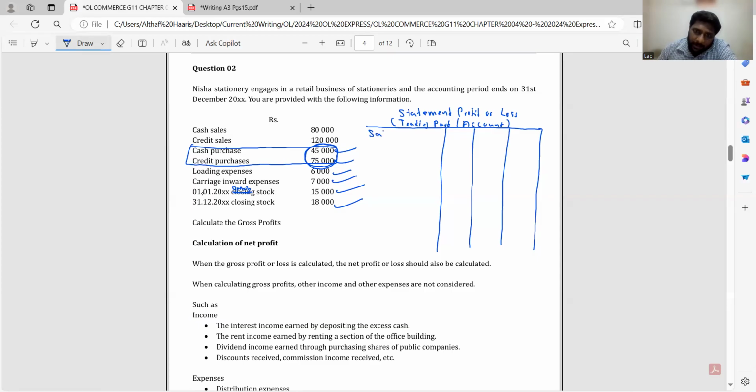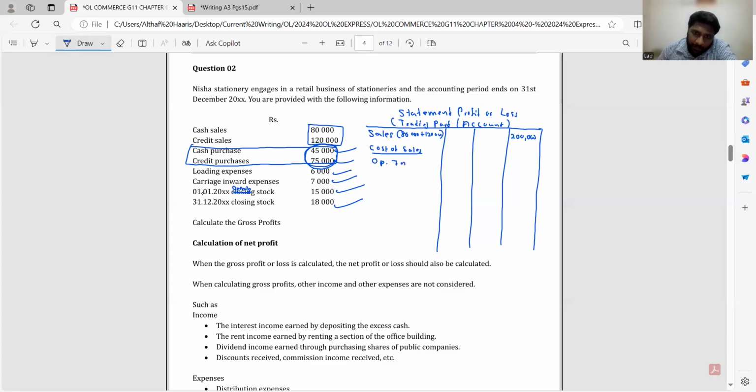Sales. In this question, people, you have 2 sales. Credit sale, cash sale, everything you have to take. 80,000 plus 120,000, 200,000. Then cost of sales.